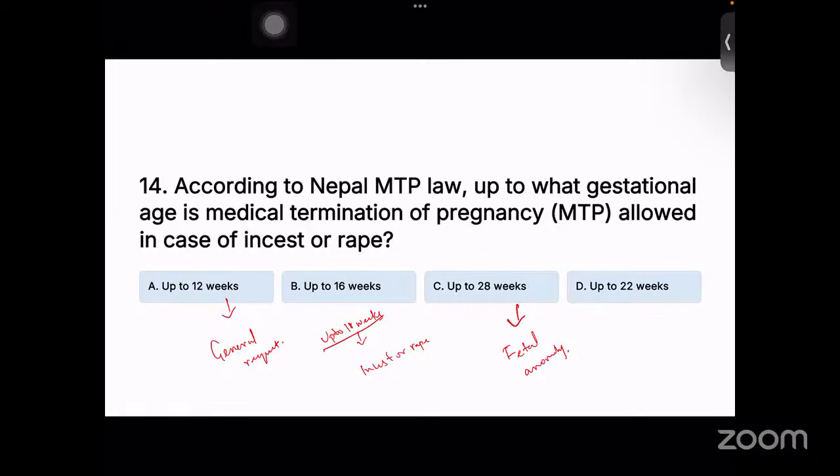According to the Safe Motherhood program in Nepal, in 2018 an act was made which said it was 28 weeks for rape and incest. Okay, but for the Nepal MTP law, maybe fetal anomaly was 28 weeks. Maybe I will correct it later.